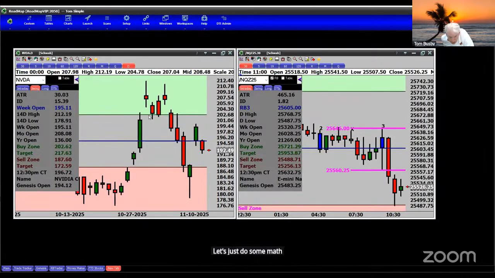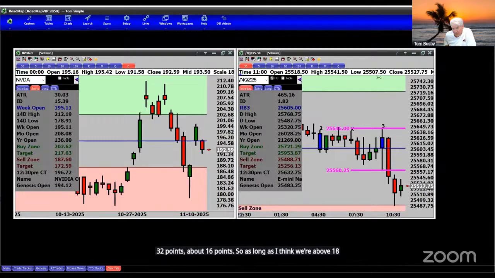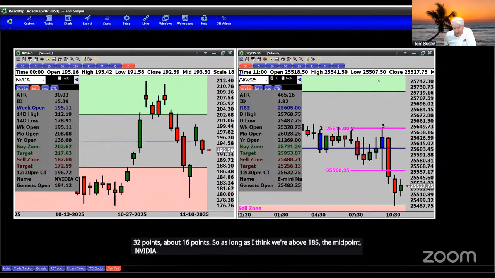What's that, about 178 area to 210? That's 32 points, about 16 points to the midpoint. So as long as I think we're above 185, the midpoint, NVIDIA is still in upward motion.